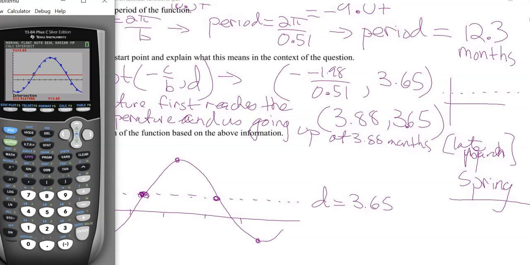We can ask, what do I expect the average temperature to be in the middle of November? Middle of November is 11.5 months. So at 11.5, we can expect the average daily temperature to be about minus 4.5 degrees.